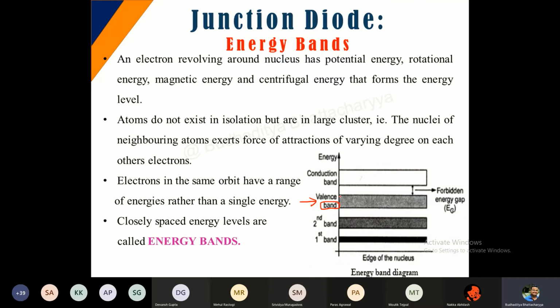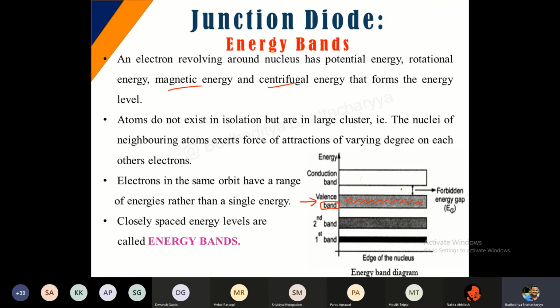It's not a specific value. It's a band where all the electrons are residing. They have their own potential energy, rotational energy, and magnetic energy. Together, those energies form the valence band, and the electrons reside over here.